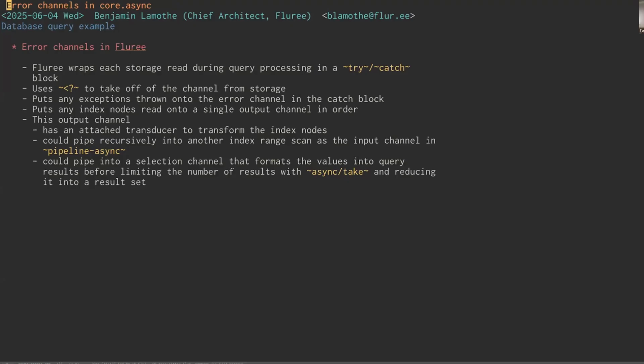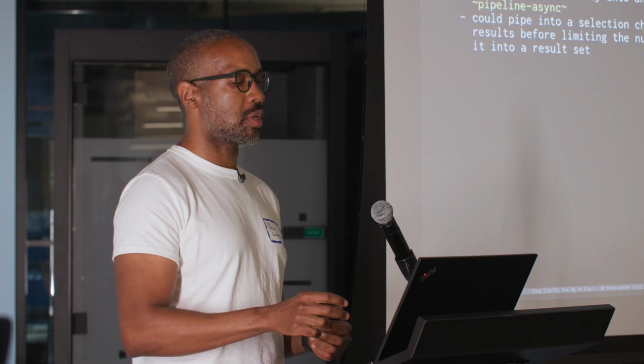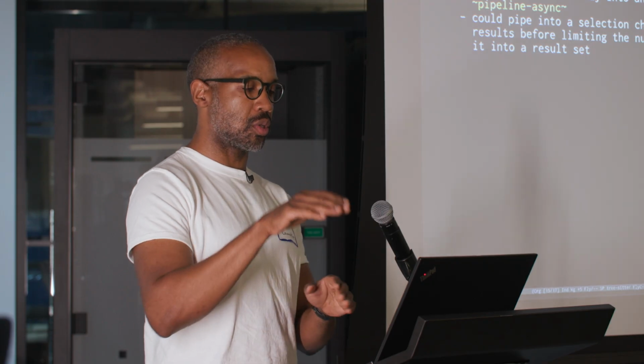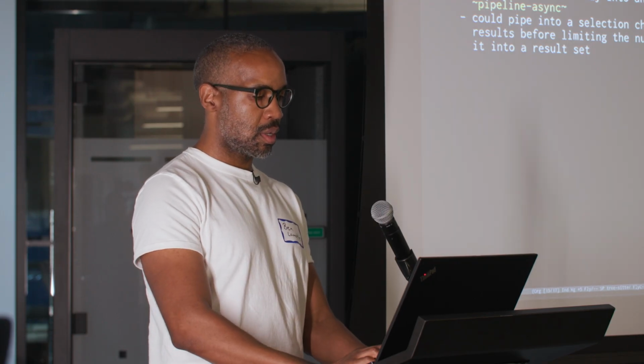So it does a recursive loop over and over again in order to process a query. And at all points, any error that can happen gets written to the same error channel. So if there's ever an error, all of those other recursive loops never happen again because it's short-circuited. And at the end of the process, you're listening to the whole thing with alts.